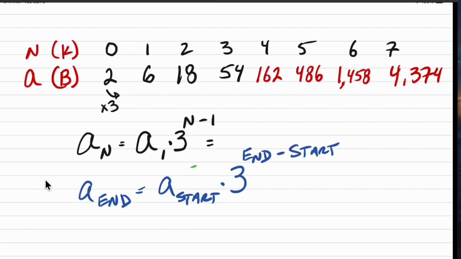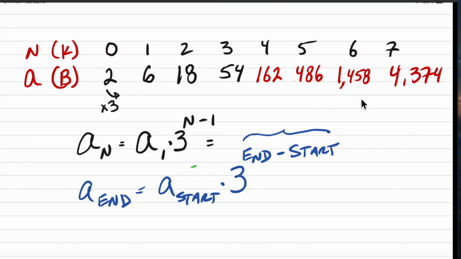This is the number of steps you're going to take, and that's the number of times you're going to multiply by 3. So you're going to take that initial value and multiply it by 3 this many times.